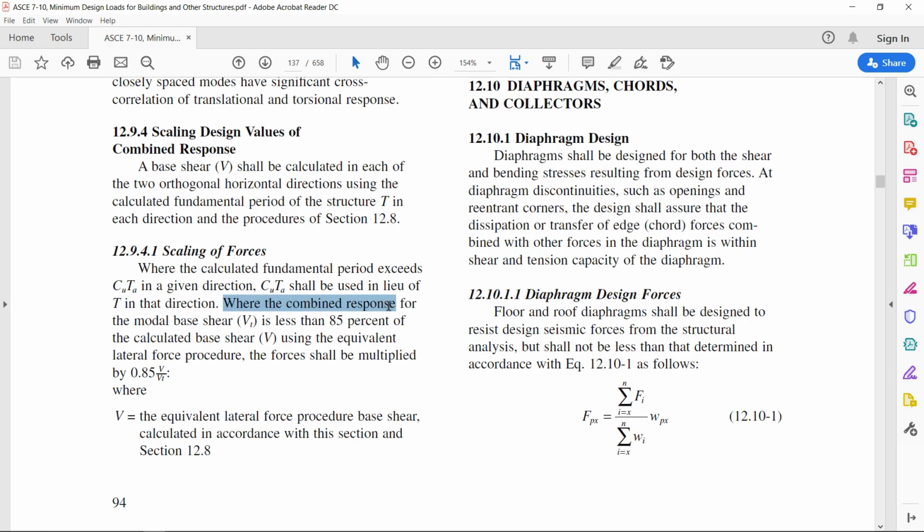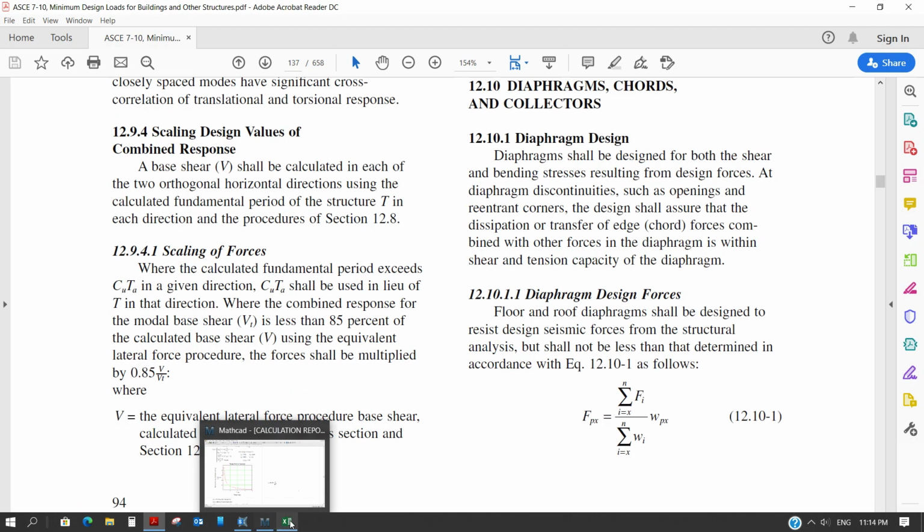But where the combined response for the modal base shear Vt is less than 80% of the calculated base shear V using the equivalent lateral force, the force should be multiplied by 0.85 V. That means this base shear should be 85% of the base shear calculated in the equivalent lateral force method.